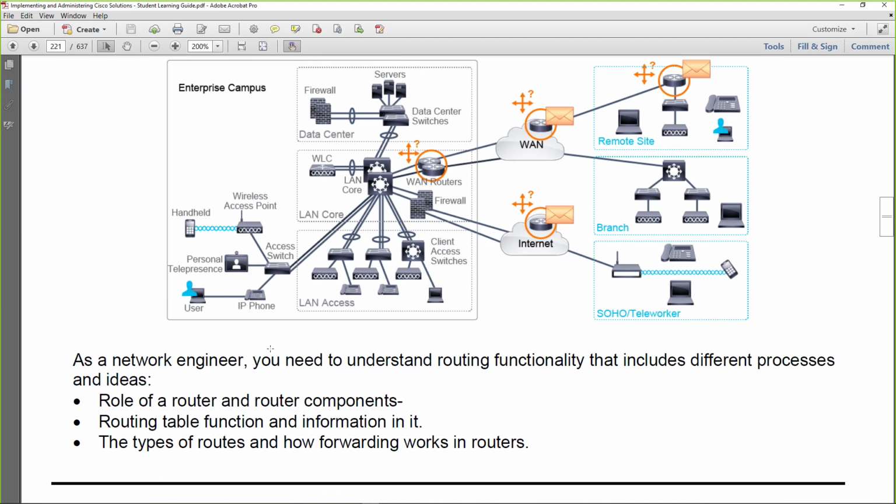to facilitate that communication. So what we're going to talk about in this section here is what is the role of a router, what are the router components, what is a routing table, what types of routes will exist in our topology. We're going to talk about administrative distance. I'm even going to get into a brief discussion about the difference between, say, a distance vector routing protocol versus link state routing and what the major difference is there.